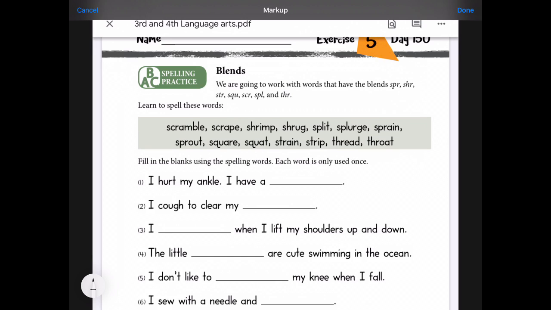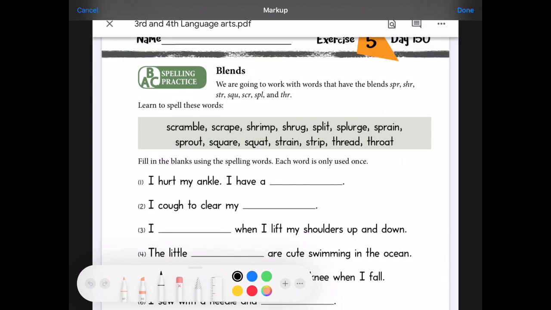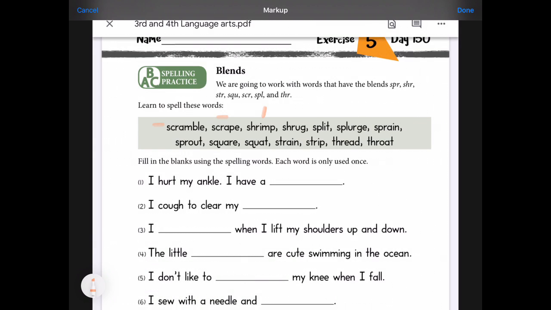And then we have THR, like in throat or thread. So I read some of the words already. I'm going to go through and read them really quick. We have scramble, scrape, shrimp, shrug, split, splurge, sprain, sprout, square, squat, strain, strip, thread, and throat.